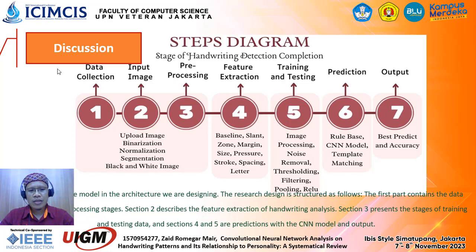The next stage, the fourth stage, is feature extraction. The feature extraction covers baseline, slant, zone, margin size, pressure, stroke, and spacing, which become one of the parts used to analyze the detection of the handwriting pattern.